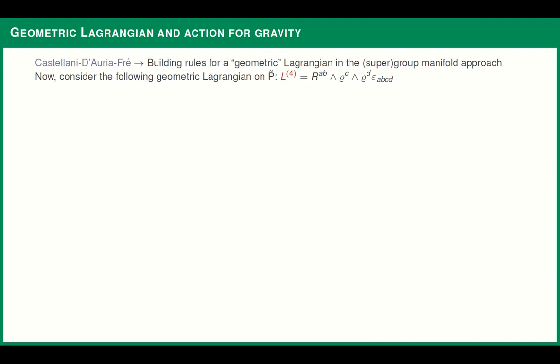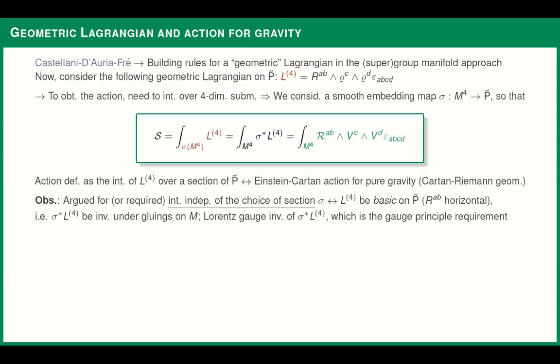And then one can consider, for instance, this Lagrangian written on the bundle, still on the Cartan bundle, in terms of curvatures and the one-form, the Cartan connection. So this is a four-form on P tilde, on the group manifold corresponding to the Poincare group.